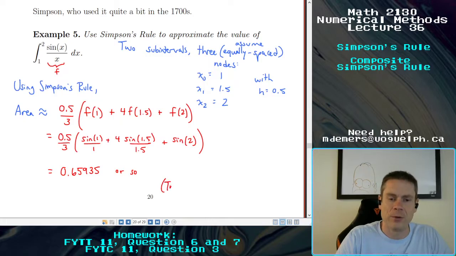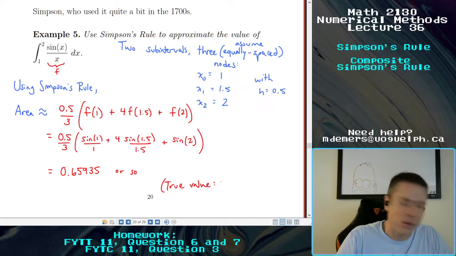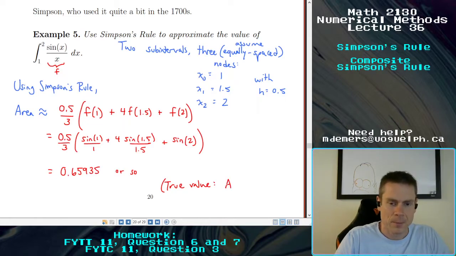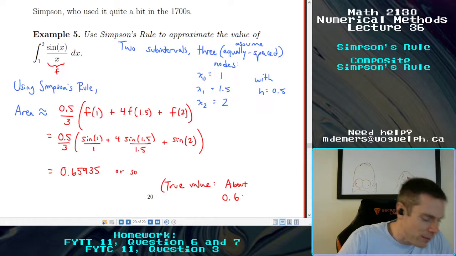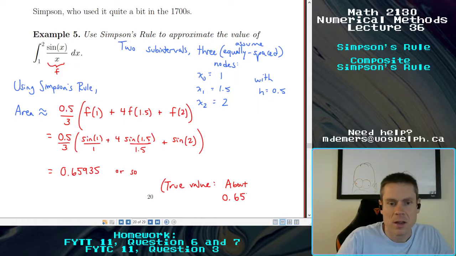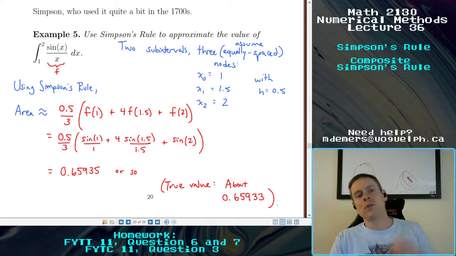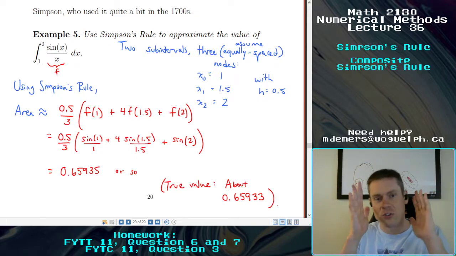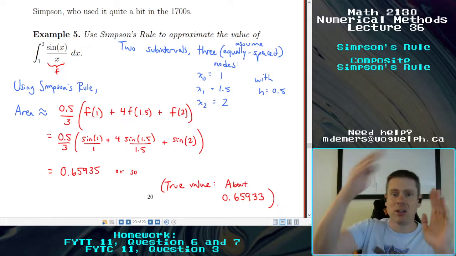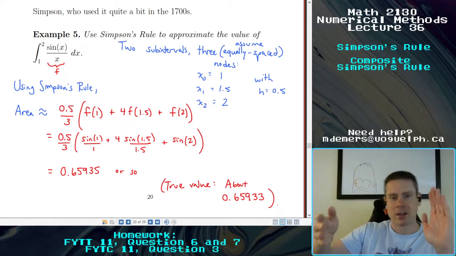And the true value, just so if you're interested in seeing how good of a job this does, the true value is about 0.65933.